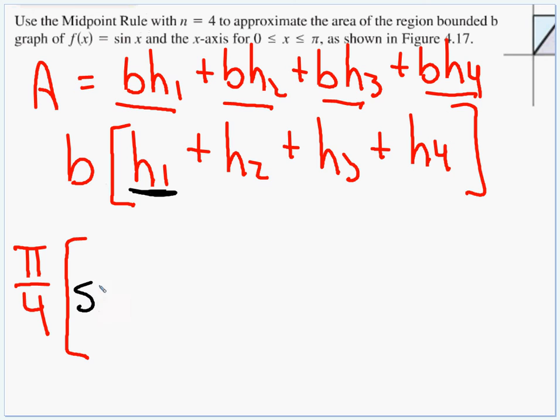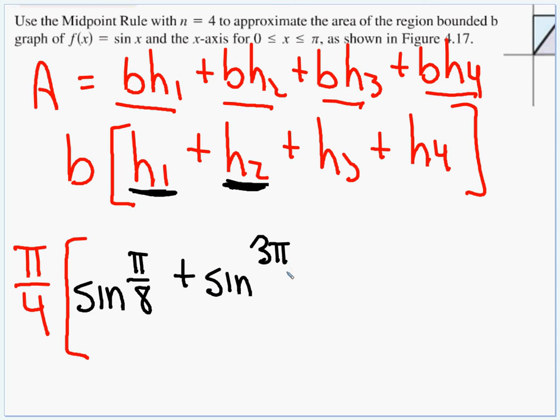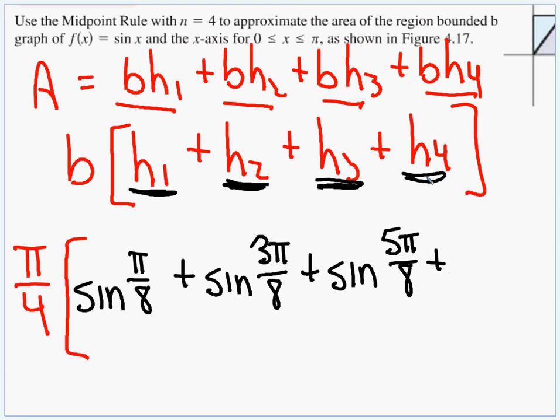Well, our base is pi over 4, and then our heights come from the sine of our midpoints. So our first height is going to be the sine of pi over 8. Plus our next rectangle's height is going to be the sine of 3 pi over 8. Plus our third height is going to be the sine of 5 pi over 8. Plus our last rectangle's height will be the sine of 7 pi over 8.